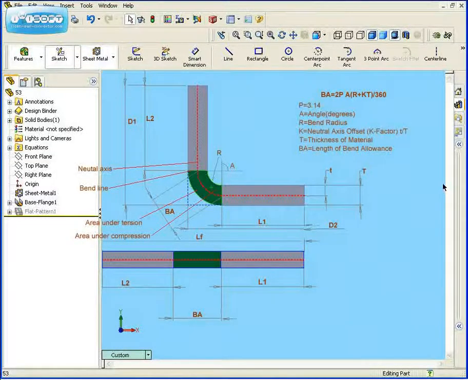Another method for calculating bend allowance uses the K factor, where K is the neutral axis offset. The general principle goes like this. The neutral axis, which you see here in red, doesn't change during the bending process.